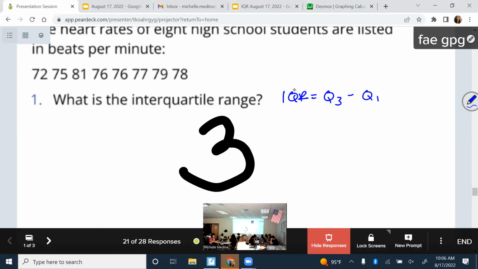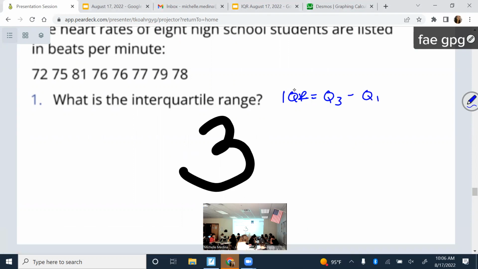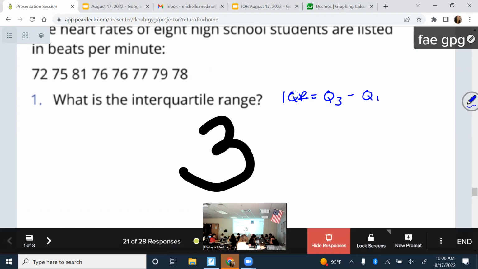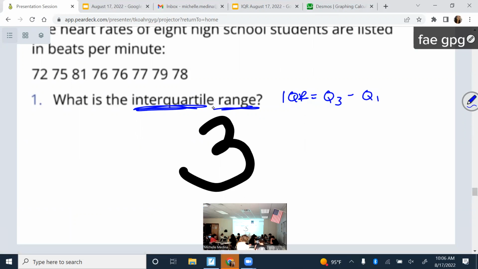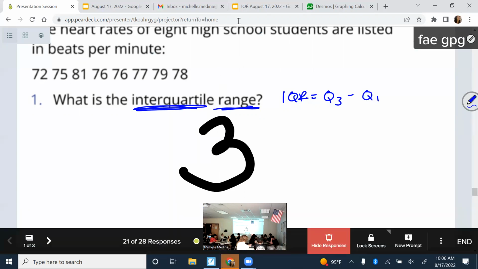Good, Q3 minus Q1. So I was helping you remember it because normal range is a subtraction problem. Interquartile range is also a subtraction problem, but you're subtracting your interquartiles. So identify your Q3 and your Q1.